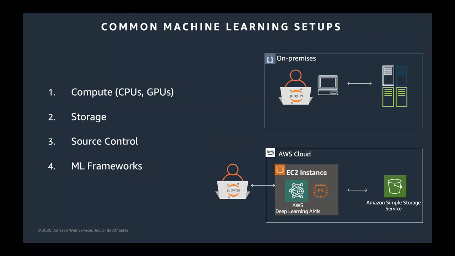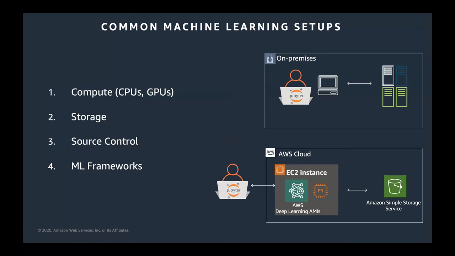Then you want access to some source control so that you can track your changes, collaborate with other people, and have source control tools in your life cycle in place, right? Then you need some optimized machine learning framework, so can you take advantage of the GPUs and CPUs that are allocated to you?